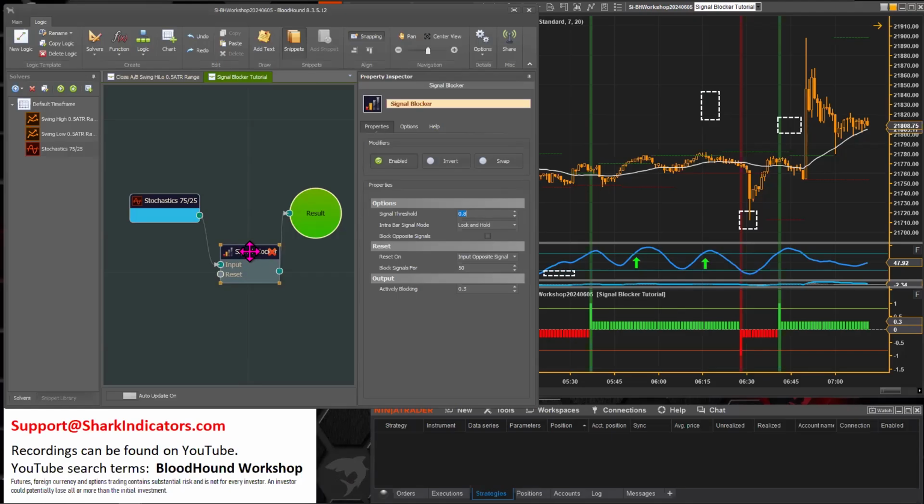So again, for 99.9% of traders out there, you guys just ignore this. Just leave it alone. This is really only for those developing fuzzy logic systems.